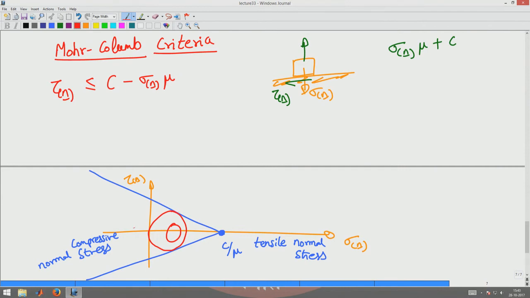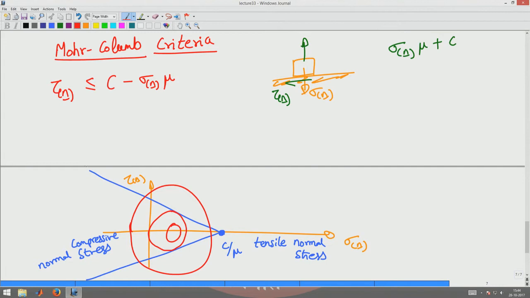A Mohr circle which does this is not possible, because it cuts the failure envelope, so such a stress state is not possible. So, these blue lines represent the failure envelope for the Mohr-Coulomb criteria.